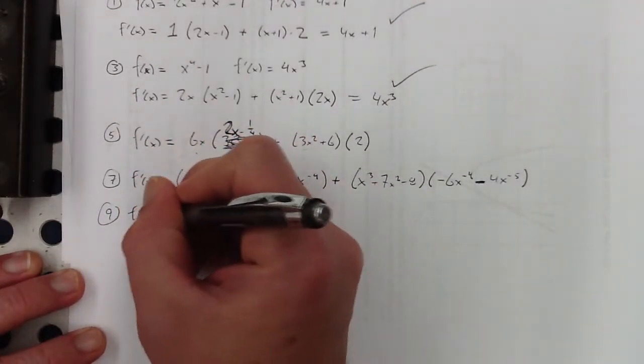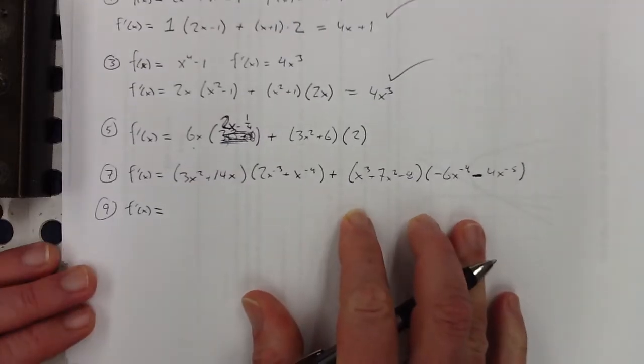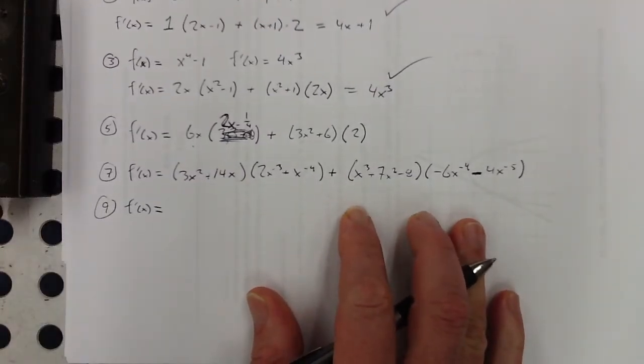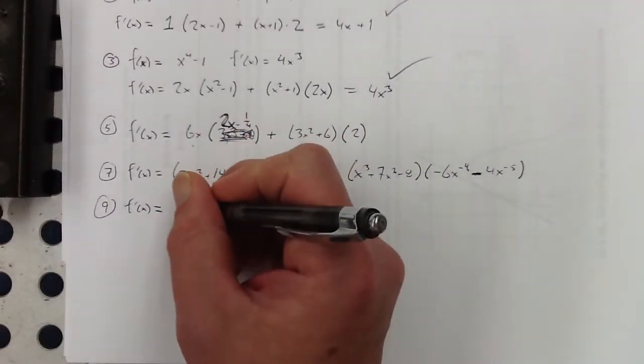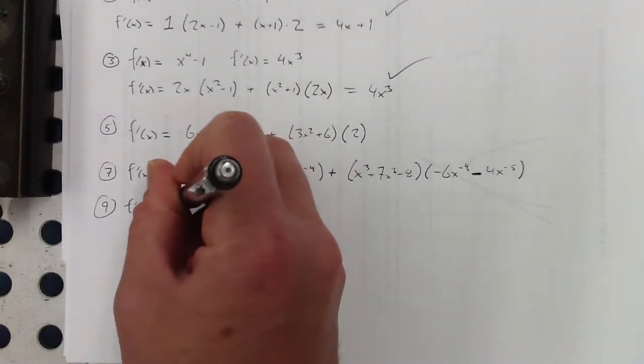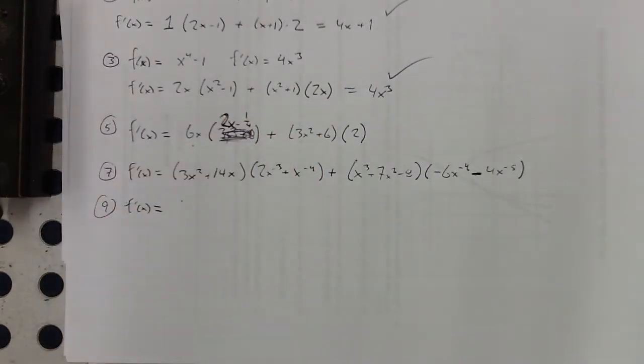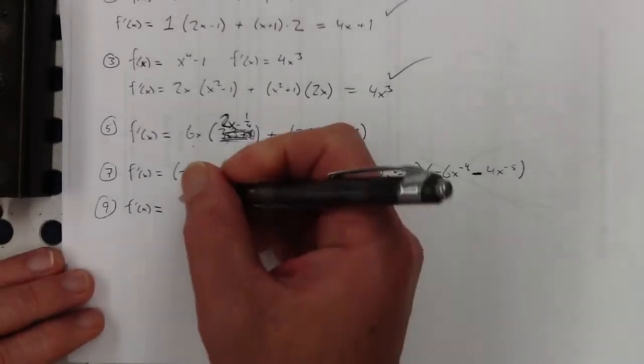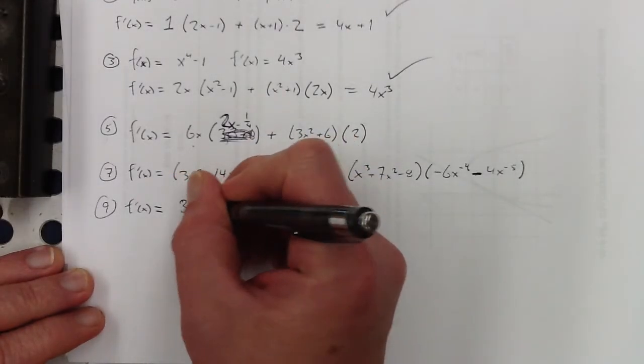And f prime of x for number 9, the derivative of the first is 1. I think that if you're really super on top of things, number 9 is actually the factored version of the difference of two cubes. So if you spot that, that's just x cubed minus 8, and it's a lot easier if you see that.